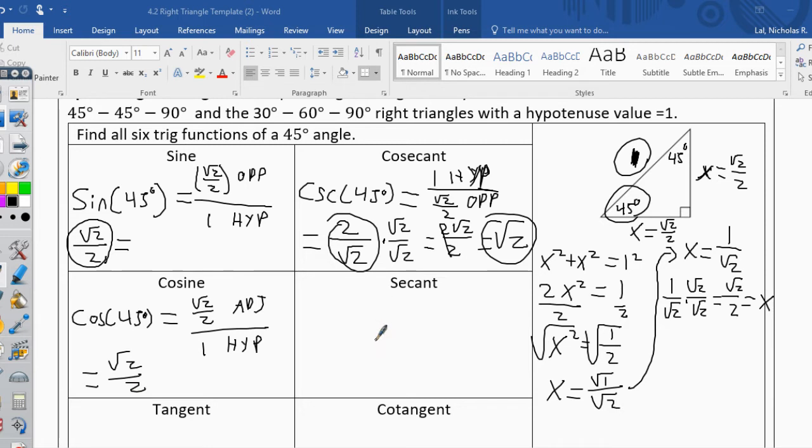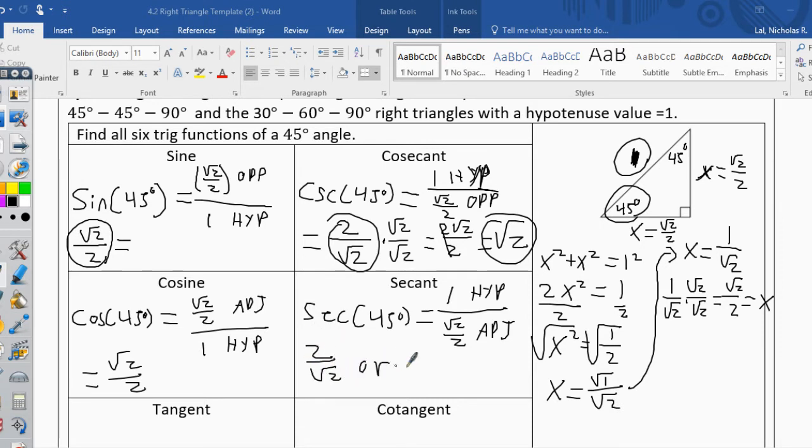The secant, once again just like the cosecant, the secant of 45 degrees is equal to 1, the hypotenuse, over root 2 over 2, the adjacent side. So 1 over root 2 over 2 is equal to, once again, 2 over root 2, or root 2.